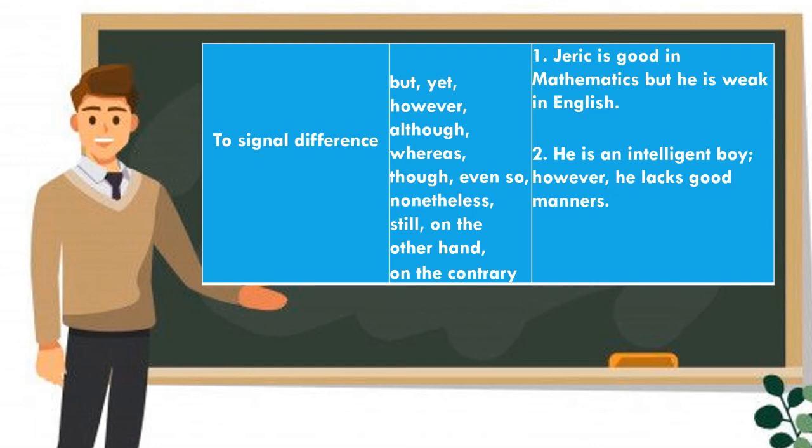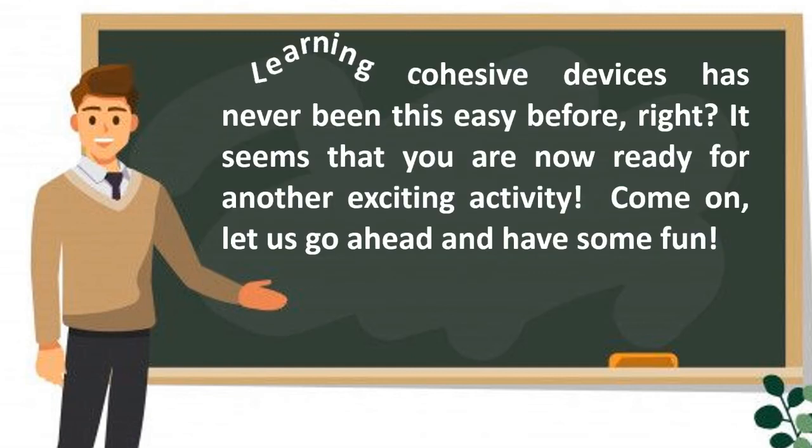And let me use but in a sentence. Jerick is good in mathematics, but he is weak in English. Let's use however in a sentence too. He is an intelligent boy. However, he lacks good manners.